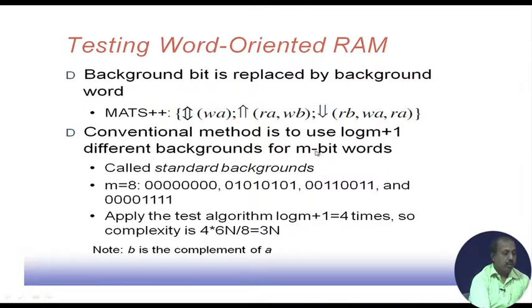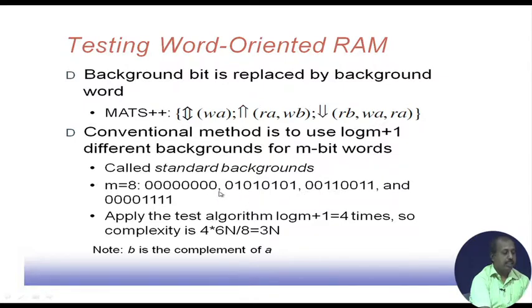If I have m bit words, then log m plus 1 different backgrounds are used. These are called standard backgrounds. For example, if m equals 8, there are 4 standard backgrounds. So, all zeros, then alternate 0 1s, then 2 0s 2 1s, and so on, runs of zeros.